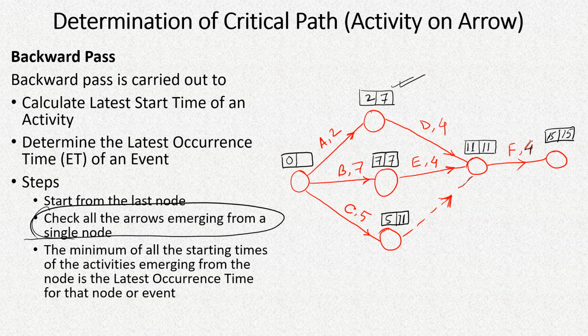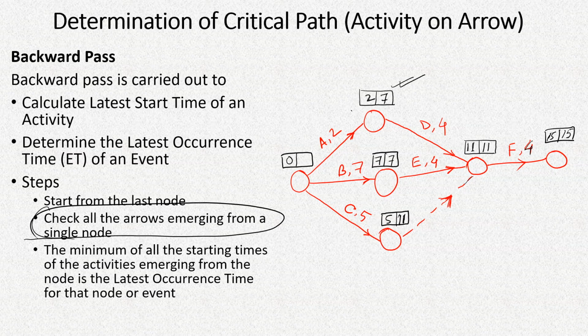What does it mean? It means this activity 5 can be completed on the 11th day itself without affecting the total duration, while this activity must be completed on the 7th day, and this activity again can be delayed by 5 days and can be completed on the 7th day.